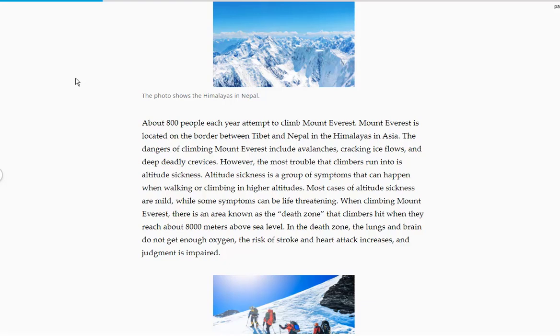Everyone probably knows that Mount Everest is the highest mountain on planet Earth, and the people who live in that mountain range over a long period of time have taken on a trait that allows them to do better in a thinner atmosphere. As you go up in altitude, the air gets thinner.